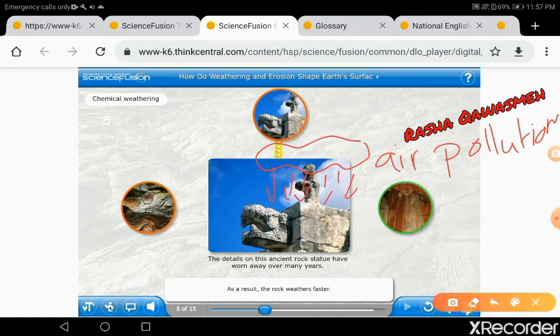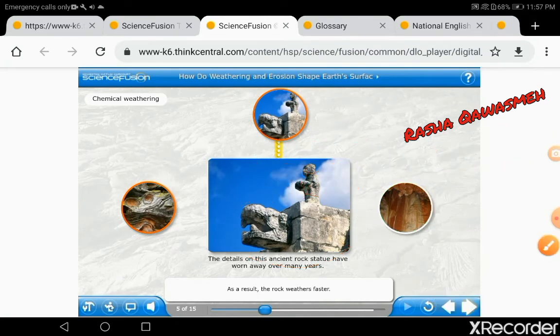This rain with chemicals will help the rocks to be weathered very quickly and faster. So it could be by air pollution rain, and sometimes it is called acidic rain because of the pollution.